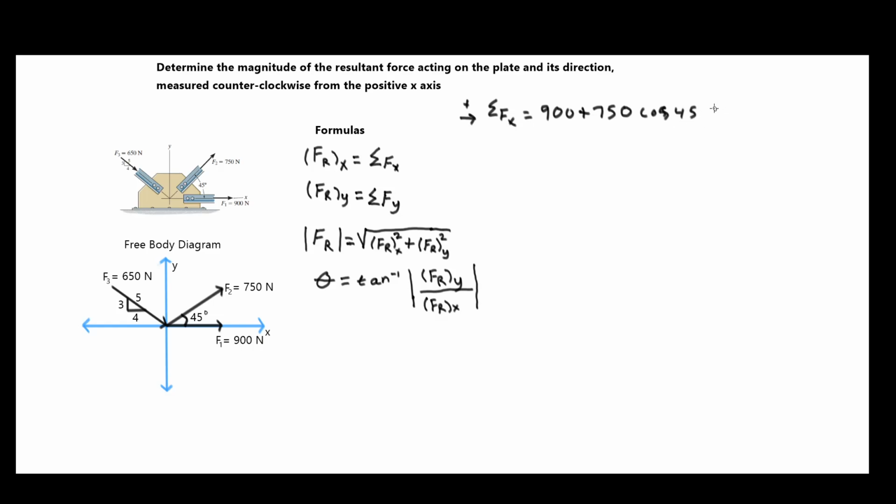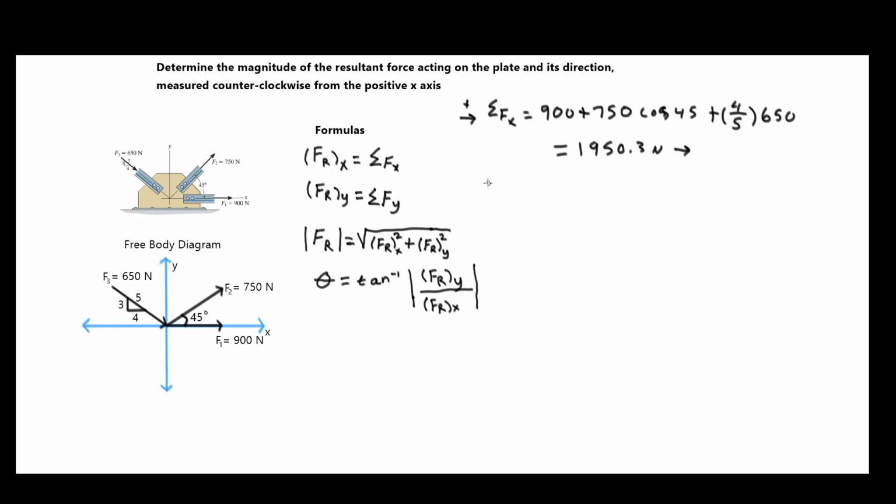So we'll add the x component, 4, divide that by the hypotenuse, and multiply that by 650, which was our third force here. Then we just add all these values together, and we end up getting a total of 1,950.3 newtons in the positive x direction.